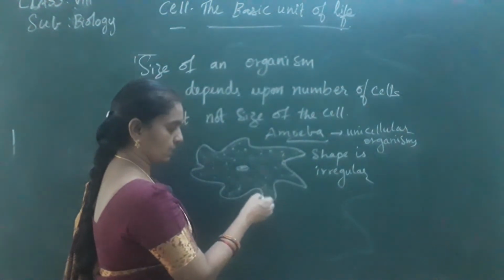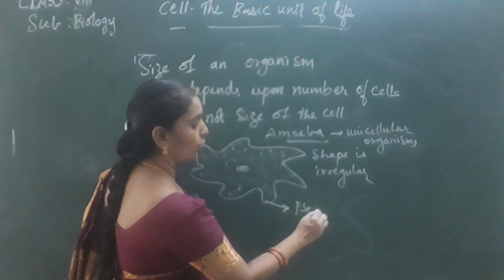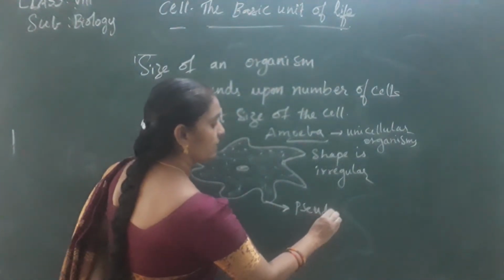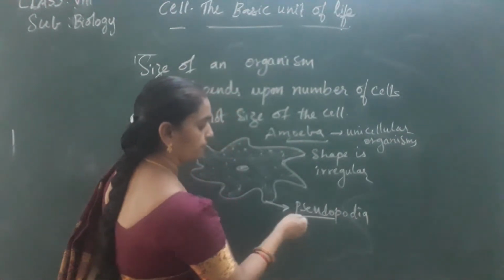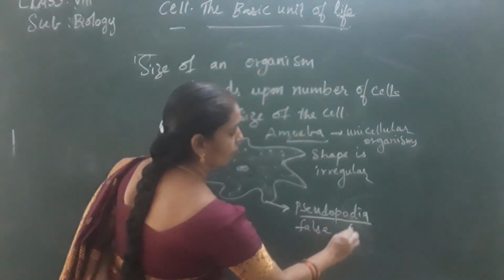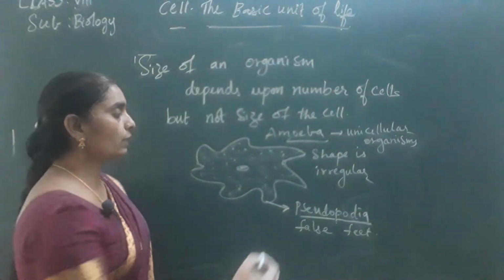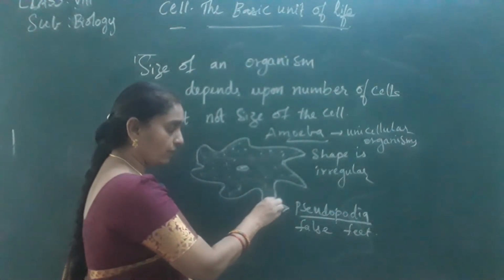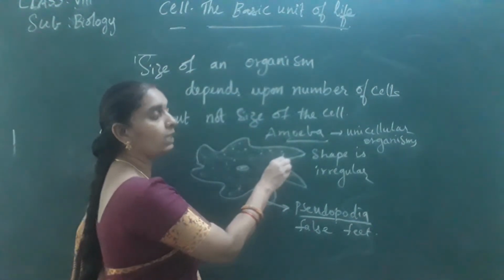These protrusions are called pseudopodia. They change often. Pseudo means false, podia means feet, that is, false feet. Is it clear? So they always change their protrusions and hence it is irregular in shape.